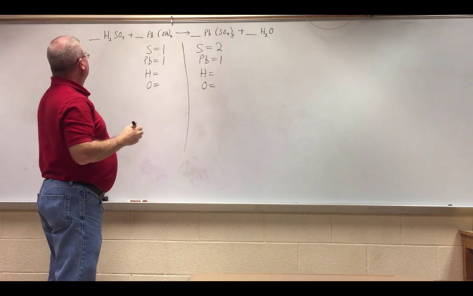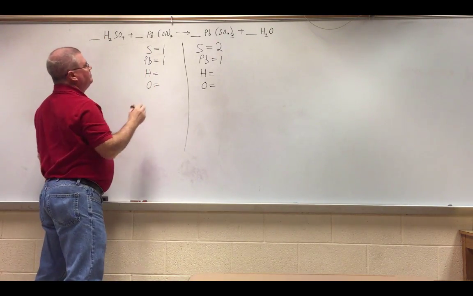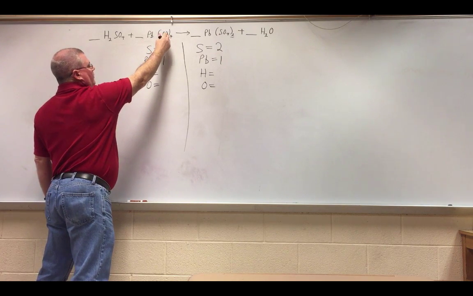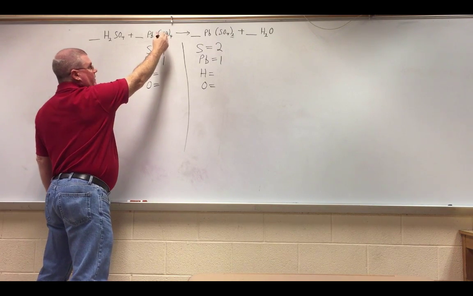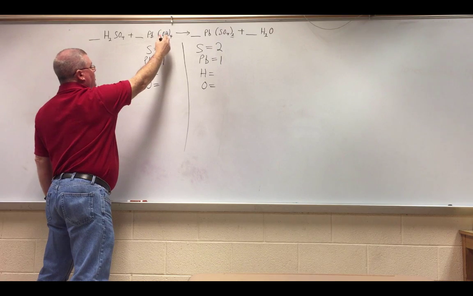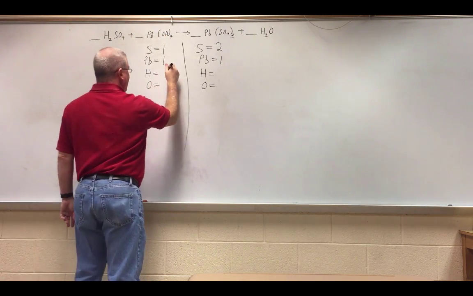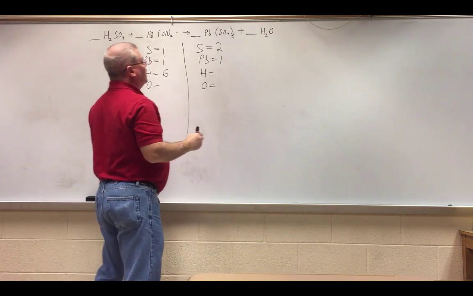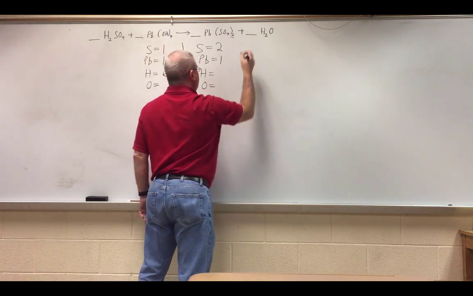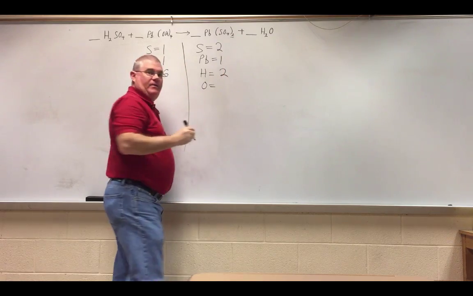On the hydrogens, we have 2 over here. That's understood 1 inside the parentheses, so 4 times 1 is 4, plus the 2 is 6 hydrogens. Over here, we have 2 hydrogens in that place.